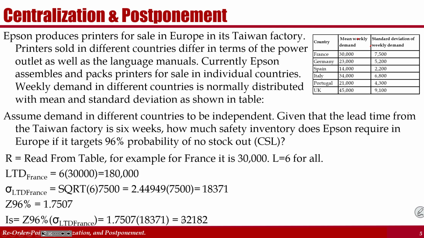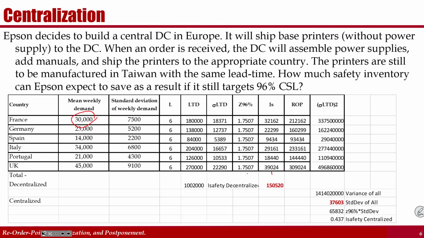If we multiply it, we need 32,182 as safety stock. Here I have average demand for each European country, standard deviation of demand, and a 6 weeks lead time. Therefore, this is average during lead time. This is standard deviation of demand during lead time, Z of 96%, and this is safety stock.